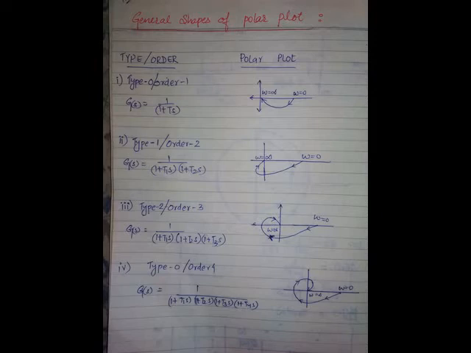Because the angle is not changing, this minus 180 degree line itself is the polar plot. So even a type 2 plot is starting at an infinite magnitude when omega is 0. Type 2, order 3.